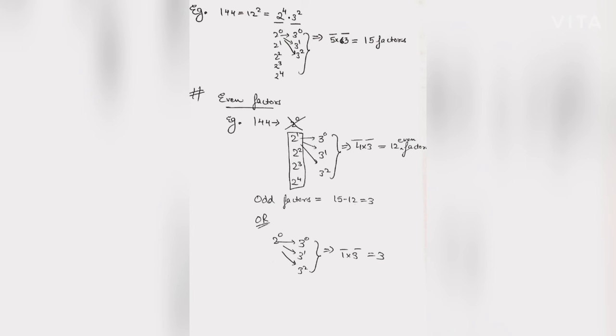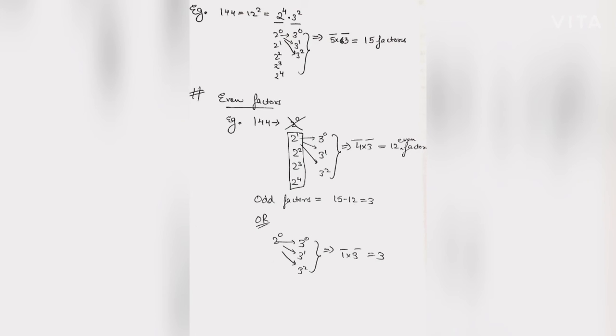Because there are 5 powers of 2 from 0 to 4, we'll take just one of them, which is 5c1, and from the 3's column we are going to take just one number in 3c1 ways. So the number of factors of 144 is 15.